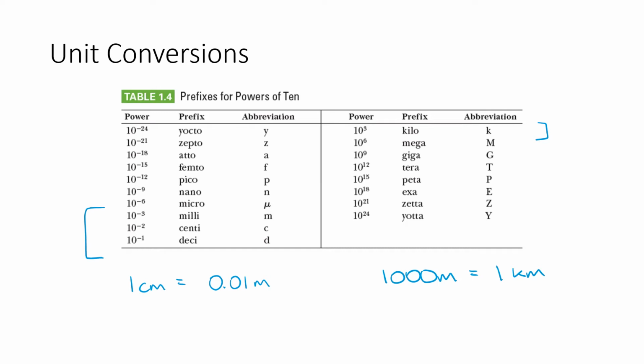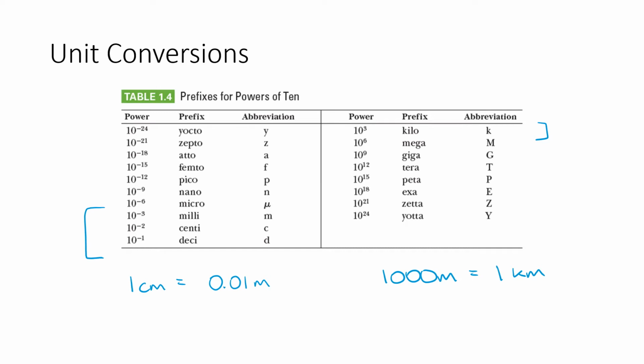What if I do a similar sort of thing, 1 kilometer. That is how many meters? It's pretty much the same type of problem. This is going to be larger than the meters. So there's going to be a lot of meters in 1 kilometer.